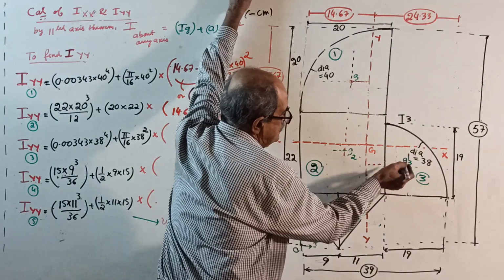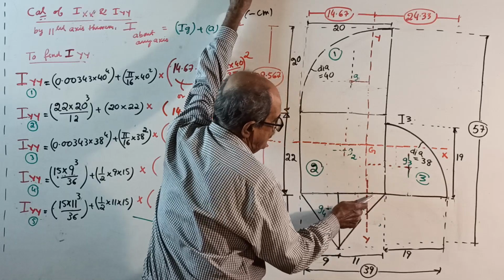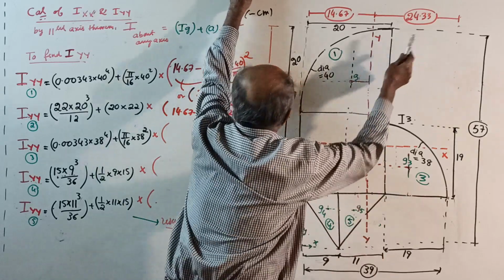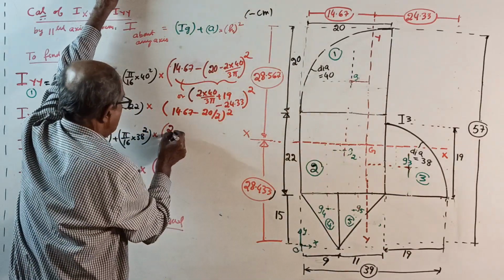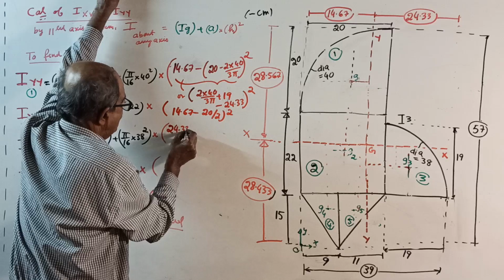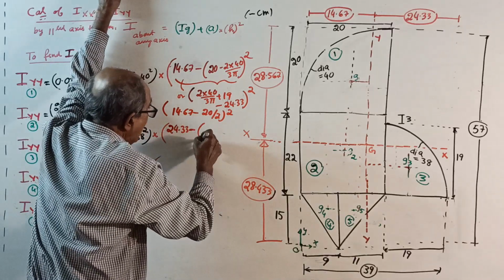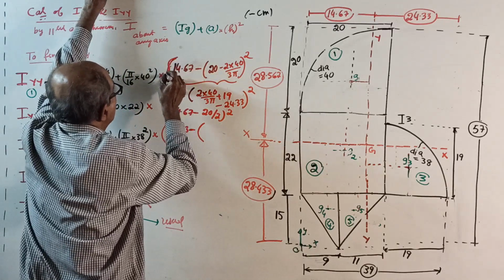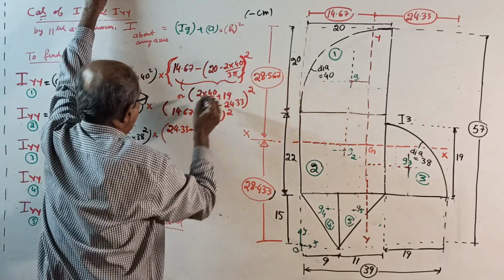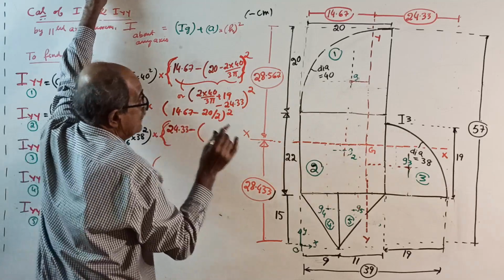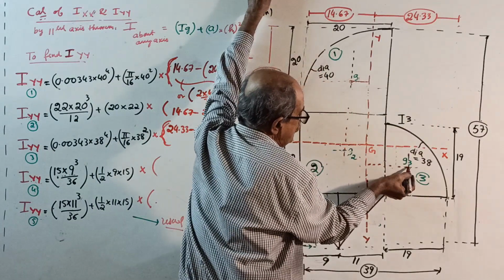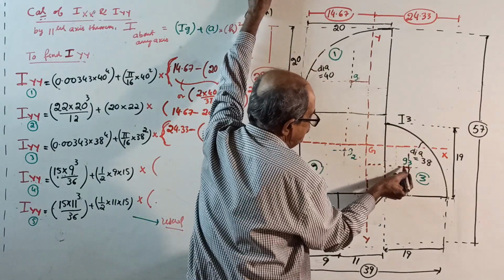Little problem now. That distance square, from this full distance, how much is it? 24.33 subtract, see, you require a flower bracket here. From 24.33, we want this distance square.